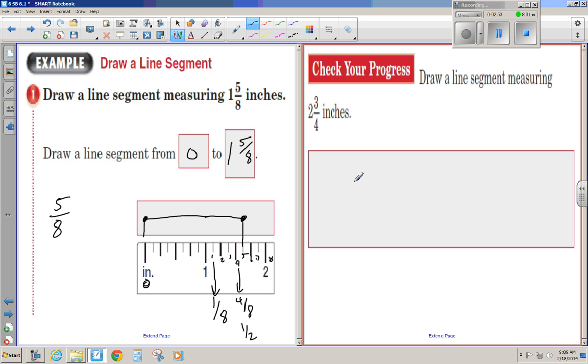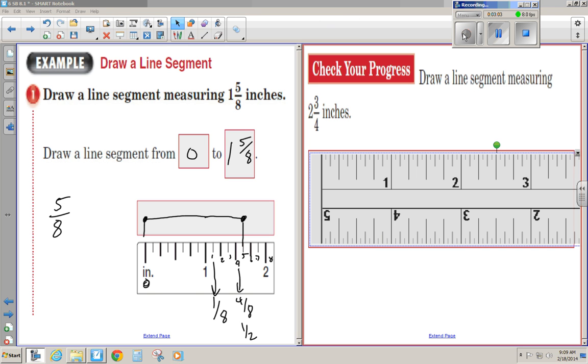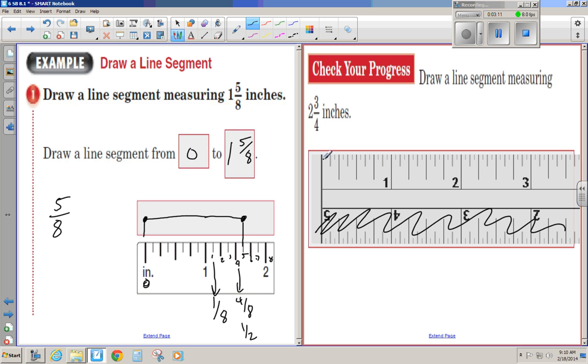Draw a line segment measuring 2 3/4 of an inch. All right, well, you're going to need to get a ruler out here. So here's my ruler. And we're definitely not dealing with these numbers down here. But we're going to start at 0. And we're going to draw to 1 and then 2. And the question here is, we need to get to 3/4.